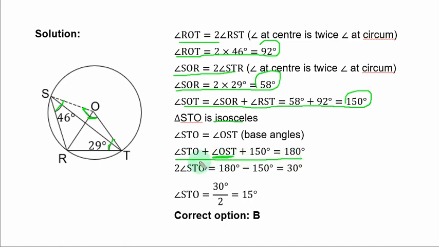If you add both, you have 2 STO equal to 180 degrees minus 150 degrees, and that is 30 degrees. To get STO, divide both sides by 2. So angle STO is equal to 30 degrees divided by 2, and that is 15 degrees. B is the correct option.